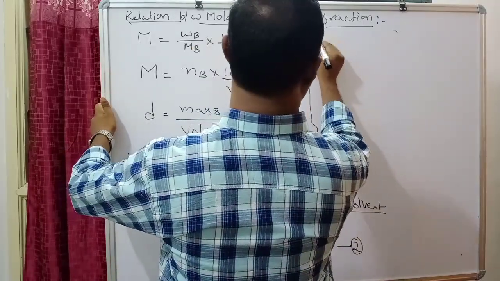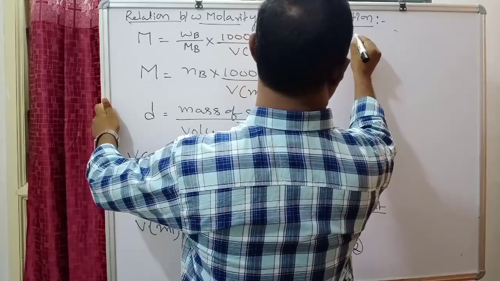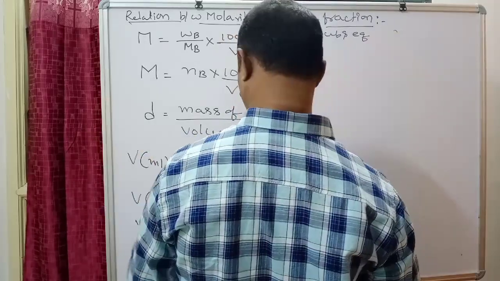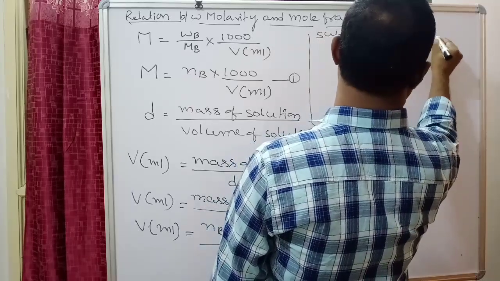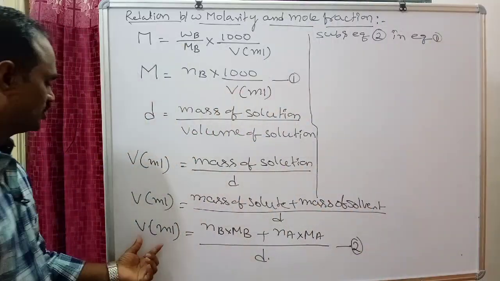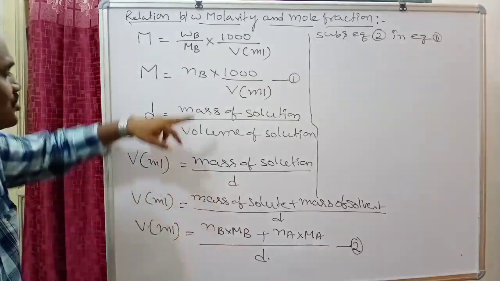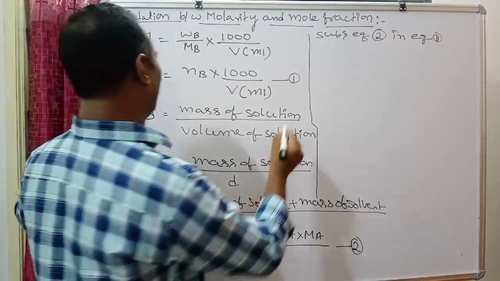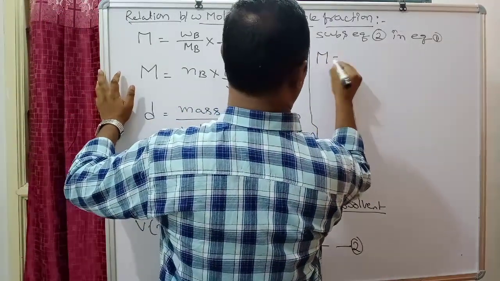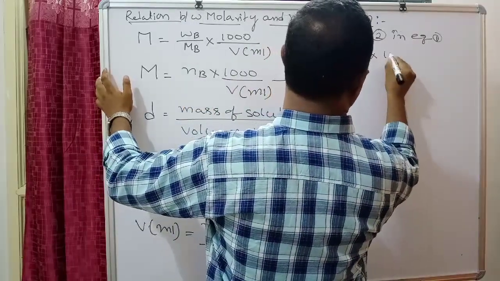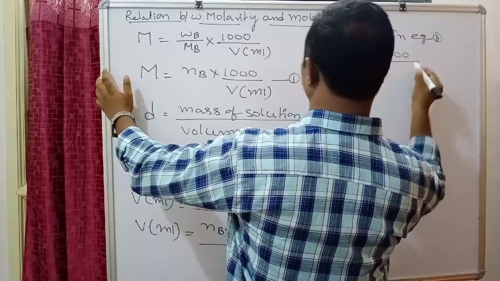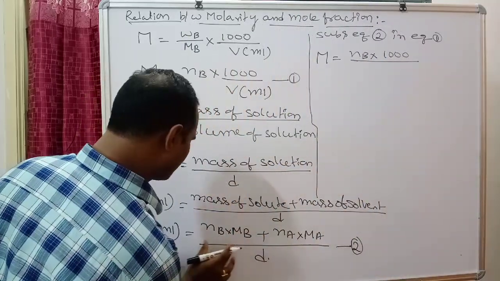Now substitute equation 2 in equation 1. This volume of solution we can substitute in the molarity formula. See what we are getting. Molarity is equal to number of moles of solute into 1000 by volume of solution.